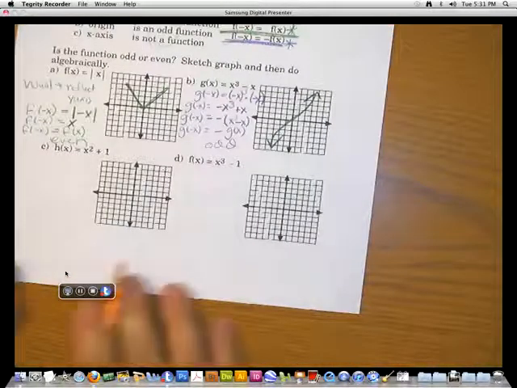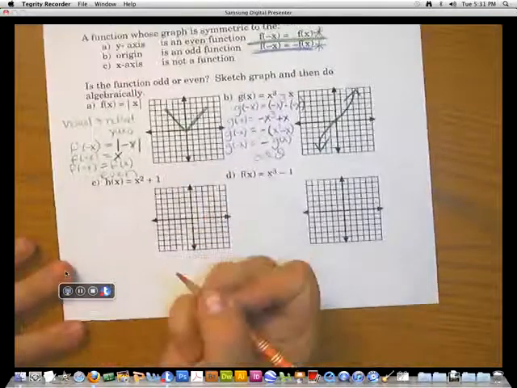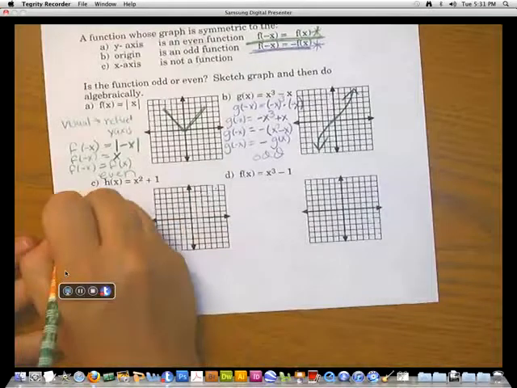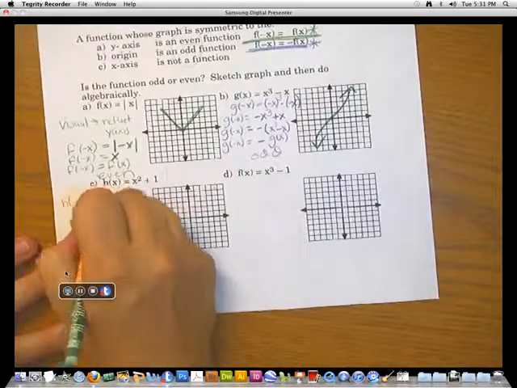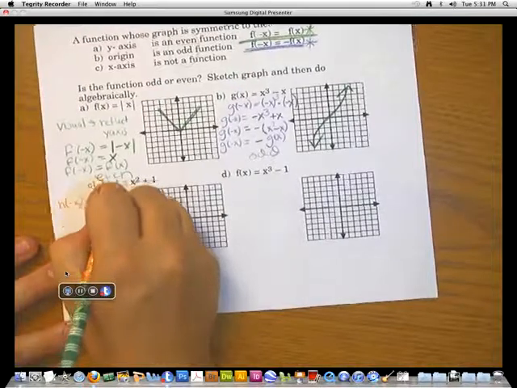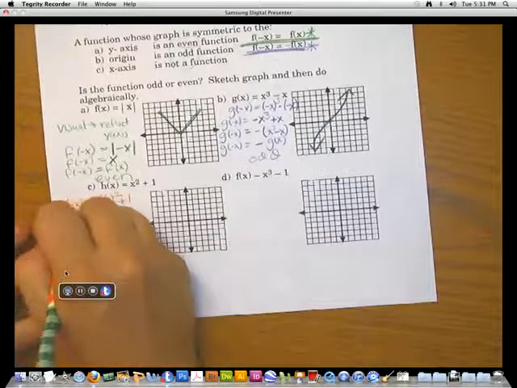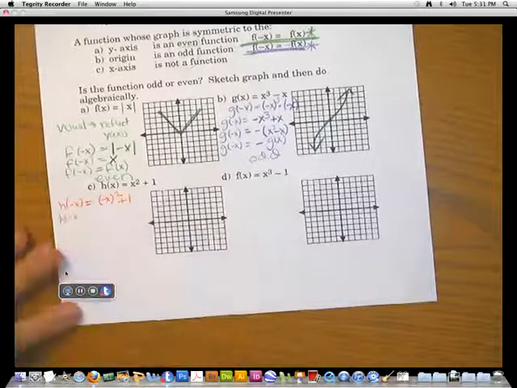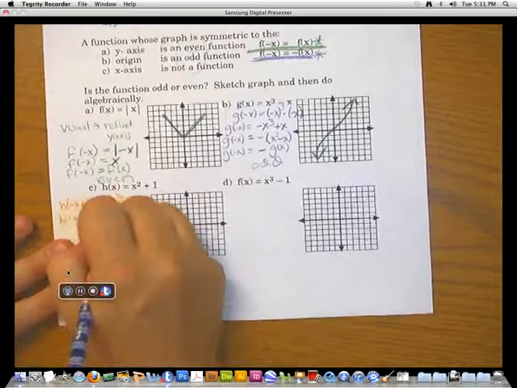Let's try it again. X squared plus 1. We're going to first just look at it algebraically. So I'm going to change x to negative x, so that negative x squared is x squared.